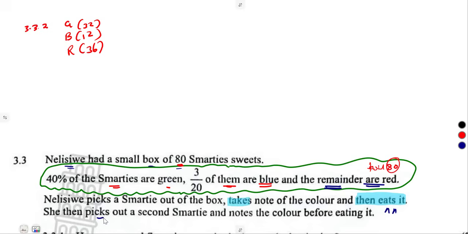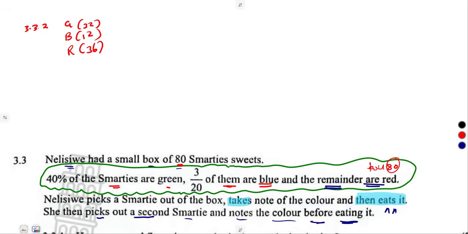She then picks out a second Smartie and notes the color before eating it. Nothing is being replaced. Every time she takes one, she just notes the color, then she eats.